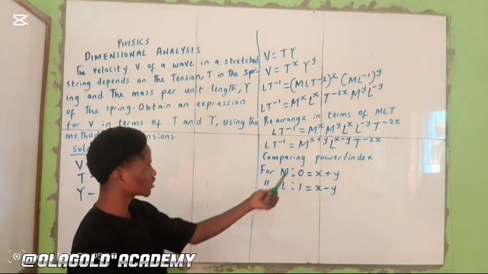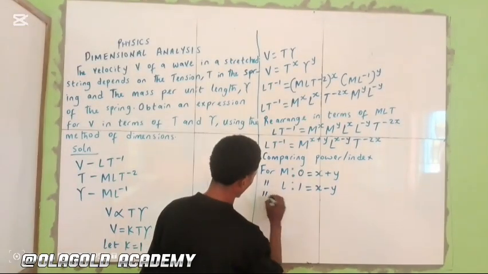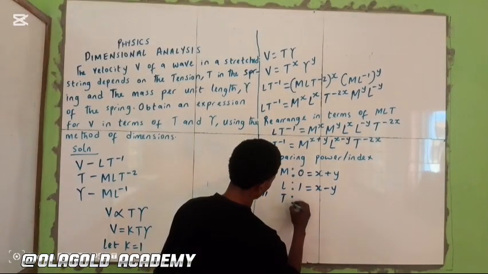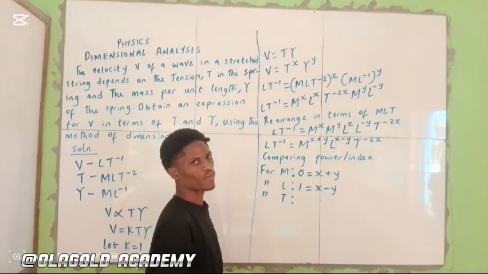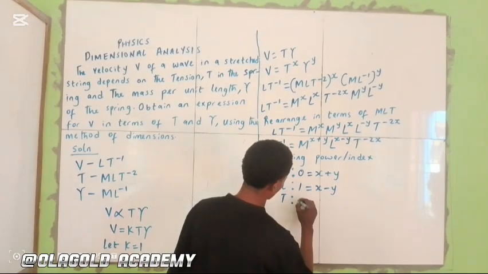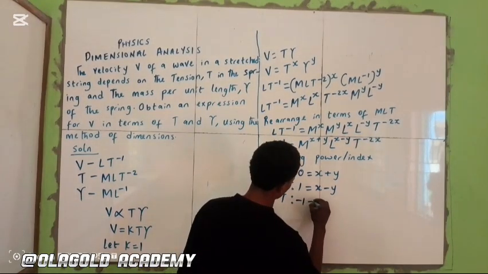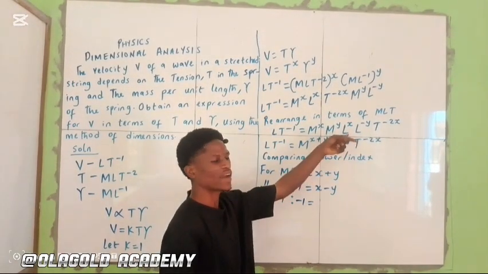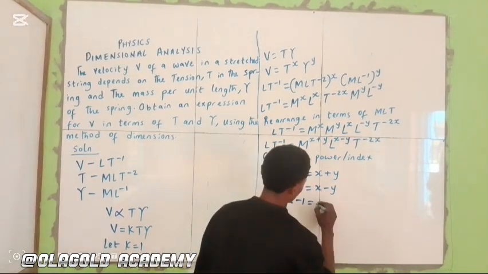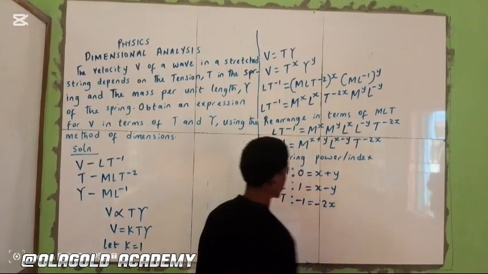And lastly, for T, at this side, we're having T having the power of minus 1, equal to, at this side, T having the power of minus 2x. So we're having minus 2x.